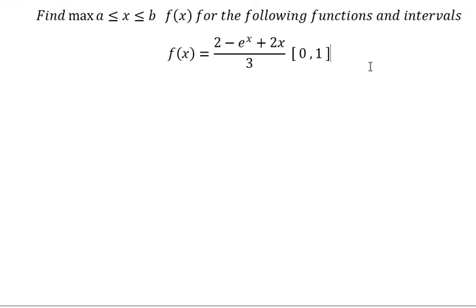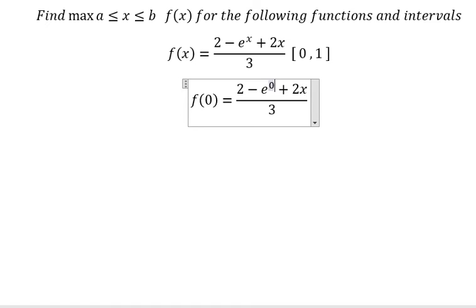So the first thing we need to do, we need to put number 0 and number 1 into this function in here. So we have f of number 0. In this situation, I will put number 0 going here and here.